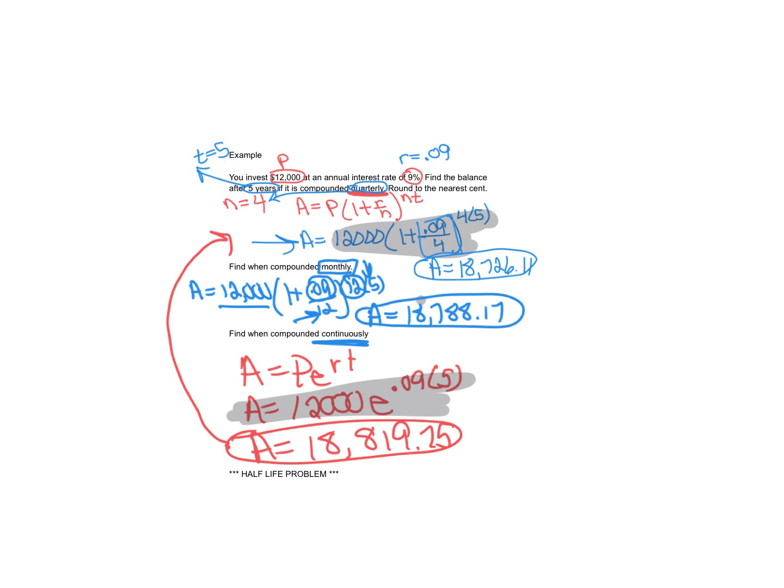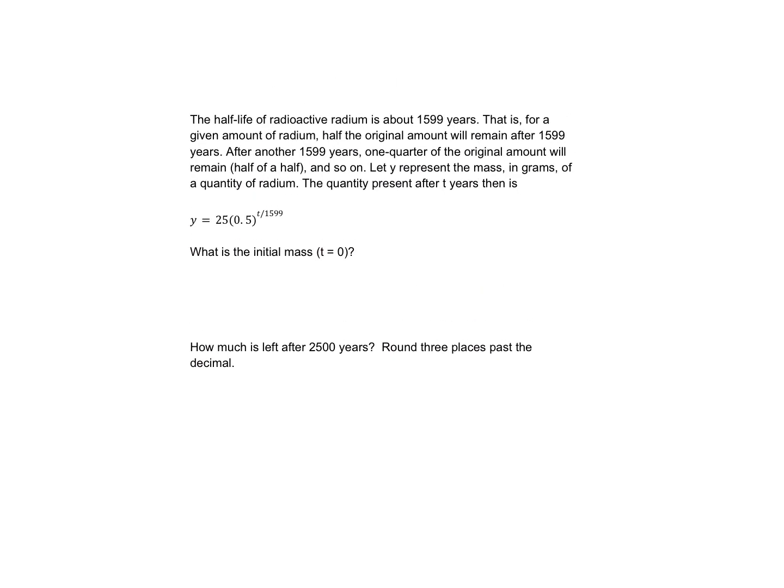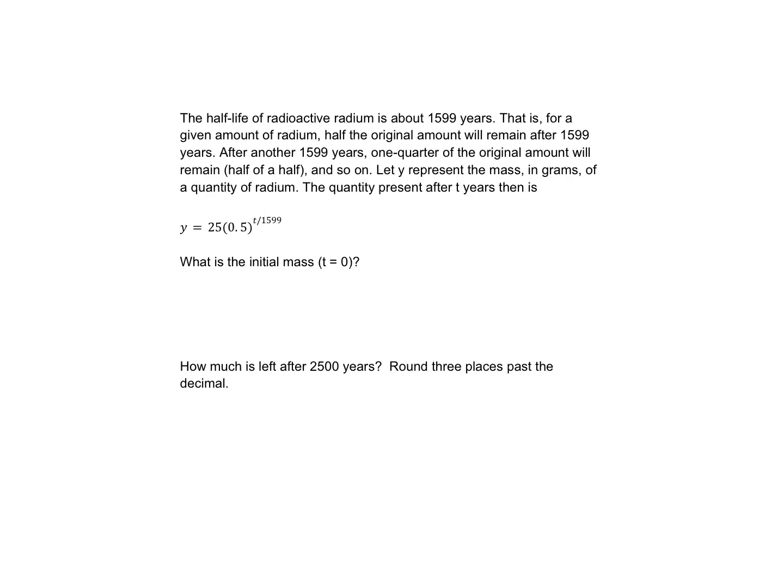So another way, and this little blurb right here should be on the next page, we're going to look at half-life problems. Oops, my video went a little off there, but we're going to look at a half-life problem also. All right, so a half-life is when you're using radioactive elements and things like that, or if you're finding the age of dinosaur bones or a lot of different things you could actually use half-life for.